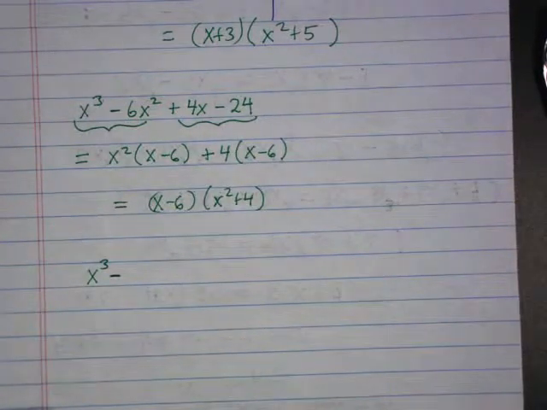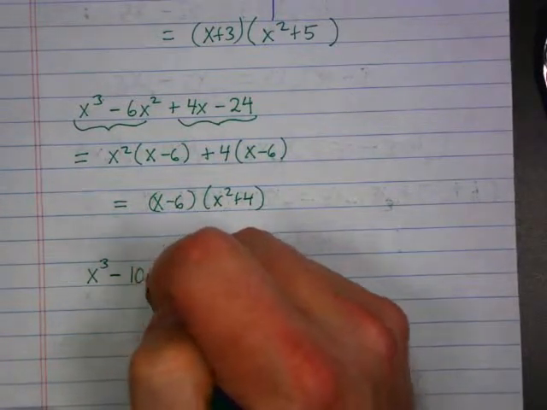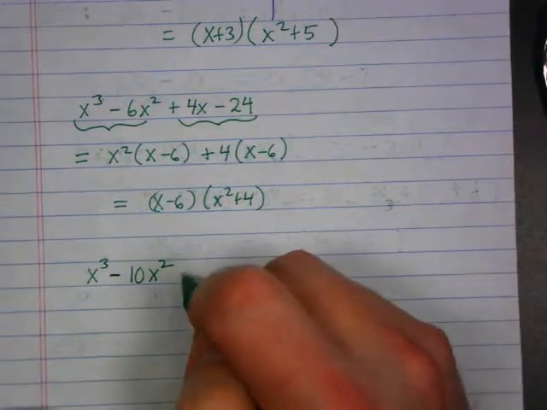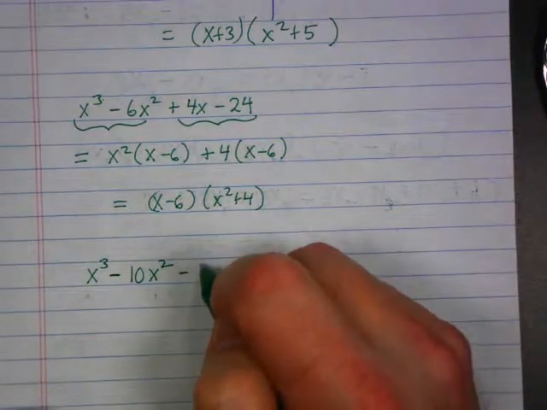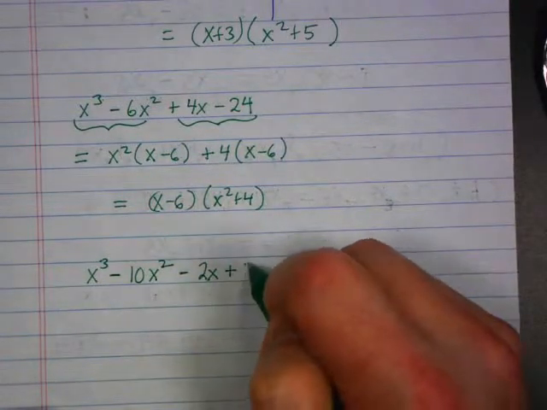X cubed minus, somebody give me a number. 10. Minus 10x squared. Minus 2x plus 20.